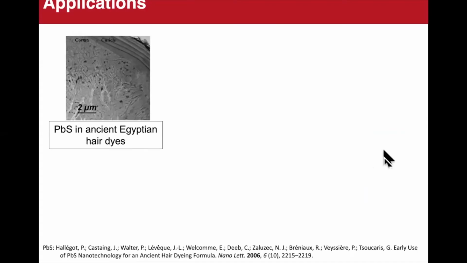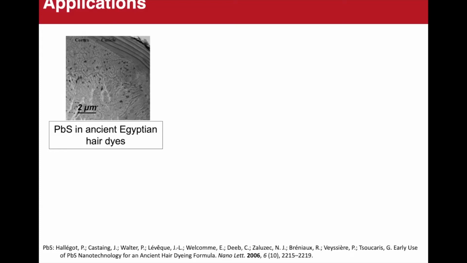Now we'll talk about applications of some of these semiconductor nanomaterials. Well, lead sulfide, or galena, has been around for thousands of years. Lead-based chemistry has been found to be used as hair dyes in ancient Egypt and other cosmetic preparations. The ancient recipes included the use of lead oxide and calcium hydroxide in aqueous solution and applied to hair shaft.